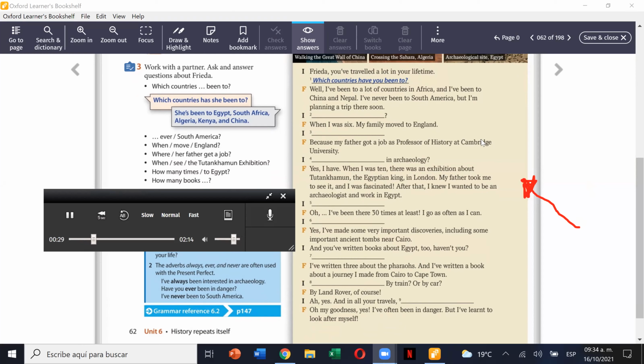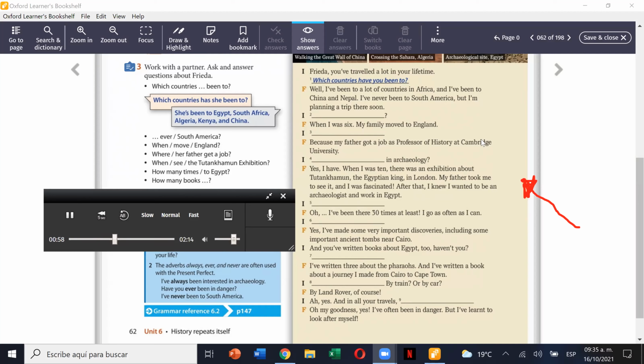Well, I've been to a lot of countries in Africa, and I've been to China and Nepal. I've never been to South America, but I'm planning a trip there soon. When did you first travel abroad? When I was 6, my family moved to England. Why did you move there? Because my father got a job as professor of history at Cambridge University.